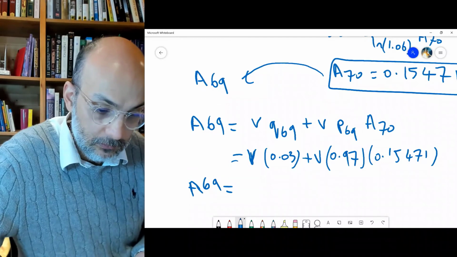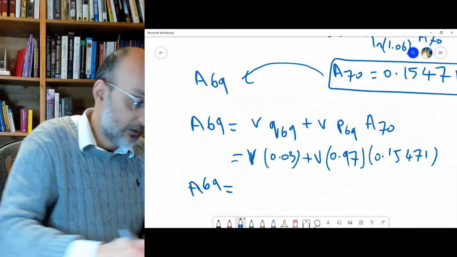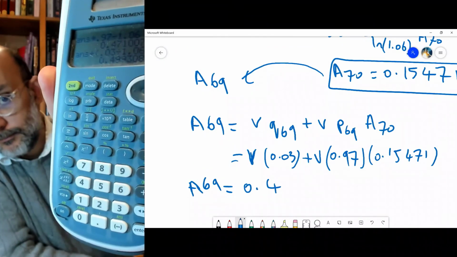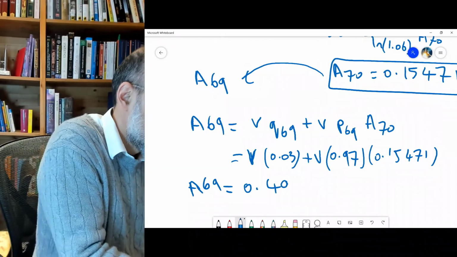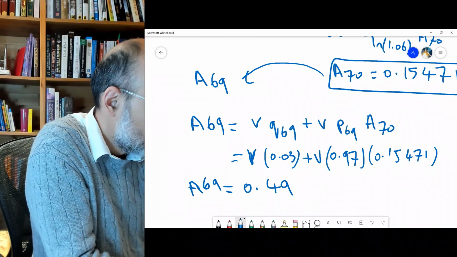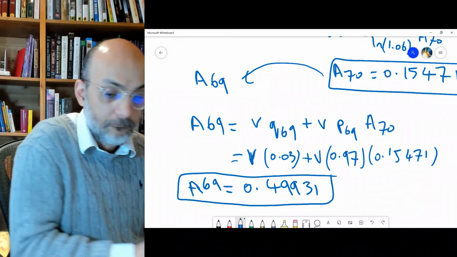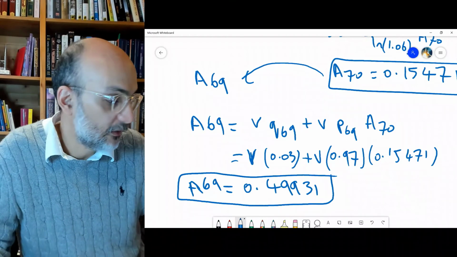I got 0.9931. So easy so far, nothing difficult here.